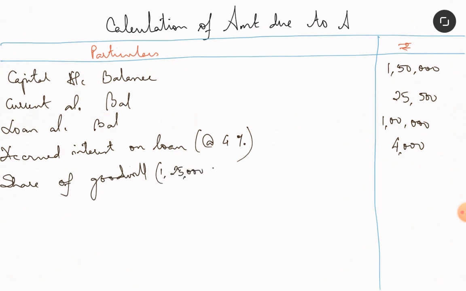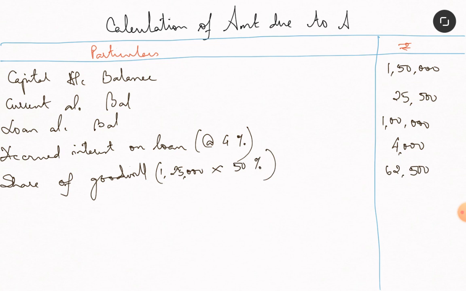And how much will A be getting? The third column, profit percentage, is 50%. So he'll be getting share of goodwill in his profit sharing ratio, which comes to 50%. So 50% of 1,25,000 is rupees 62,500.